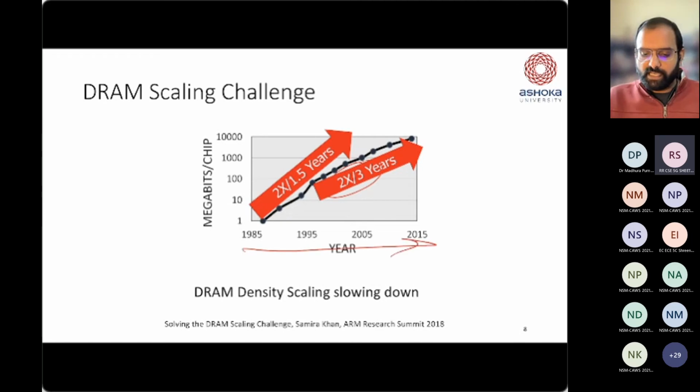So as you can see over here, the amount of capacity that you can pack in one DRAM chip has not been increasing at approximately the same pace as the programs have been adding the capacity that they require.